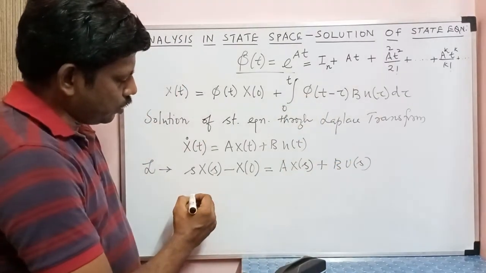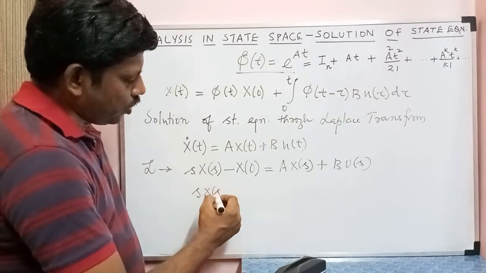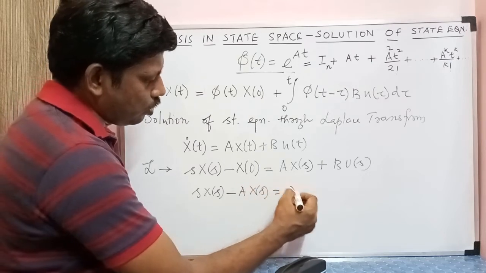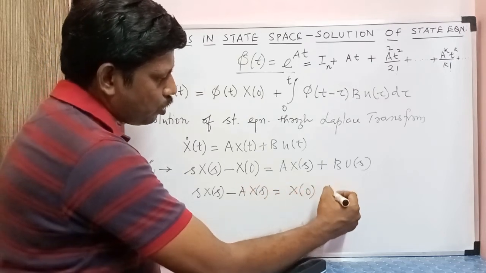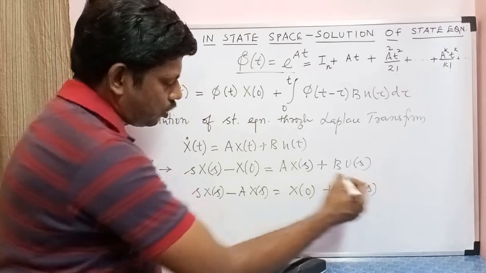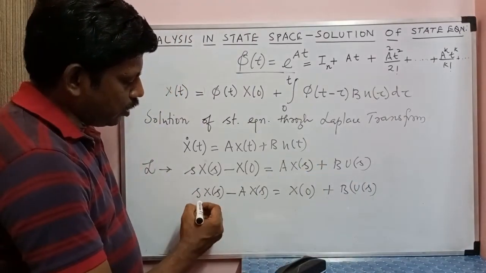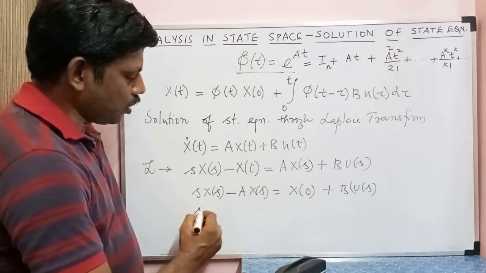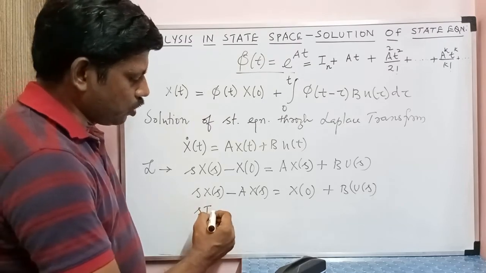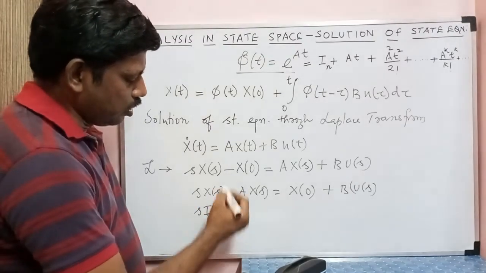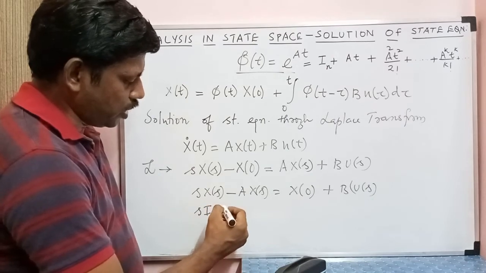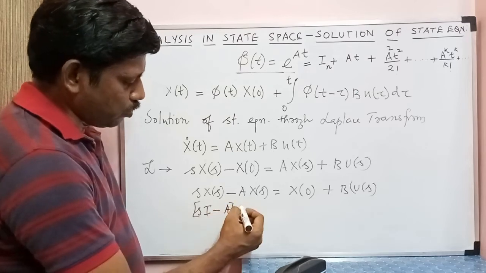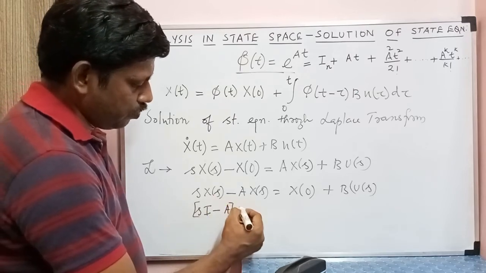I can take this to this side, s x of s minus A x of s is equal to x of 0 plus B u of s. Clearly, I can take this x of s outside. When I take this x of s outside, I will get an identity matrix here. This was well explained in previous lectures, how I get this identity matrix, especially in obtaining the transfer function from the state space equation.